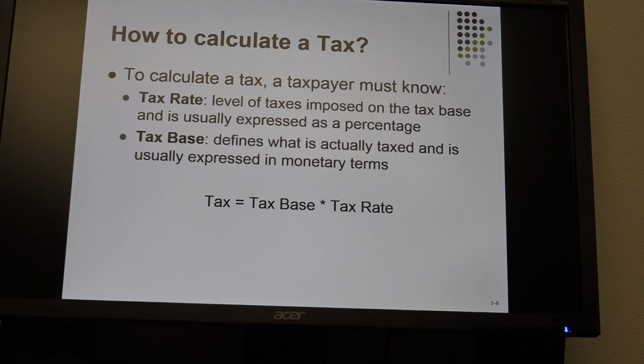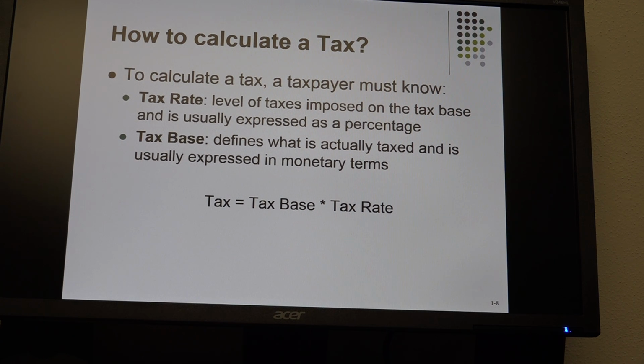All right, so how do we calculate tax? Well, the amount of tax is calculated by taking the tax base and multiplying it by the tax rate. Now, the tax base is what's actually taxed and usually expressed in monetary terms.